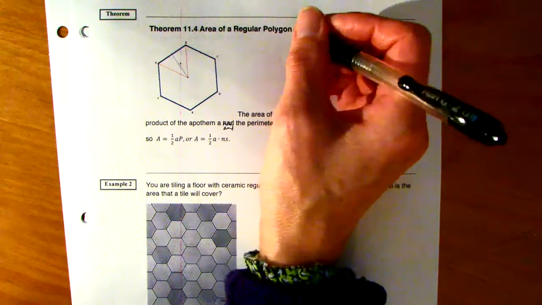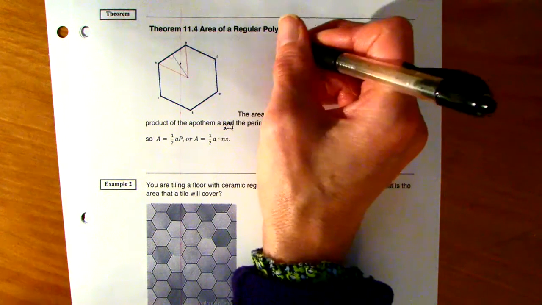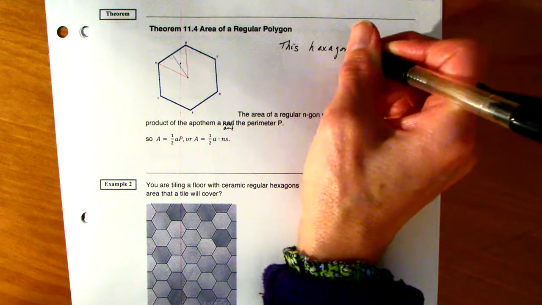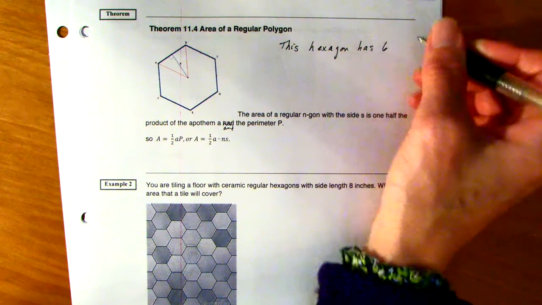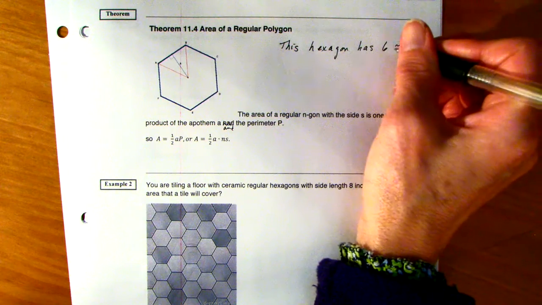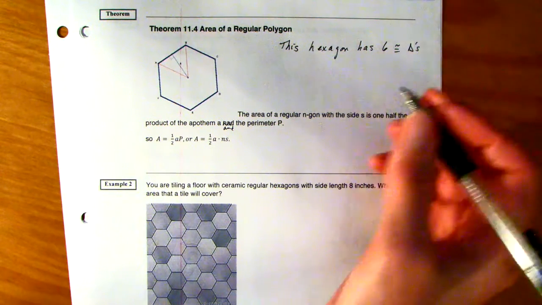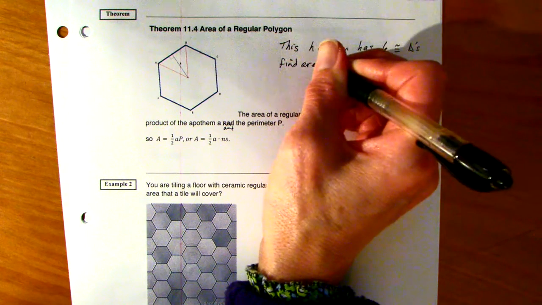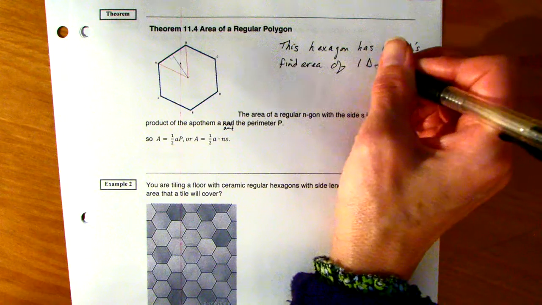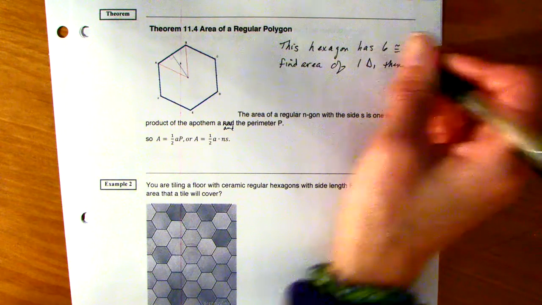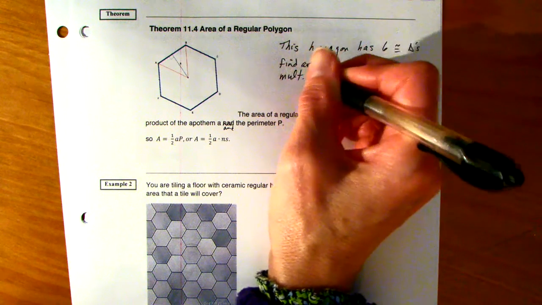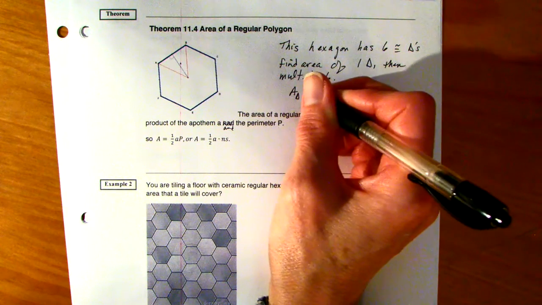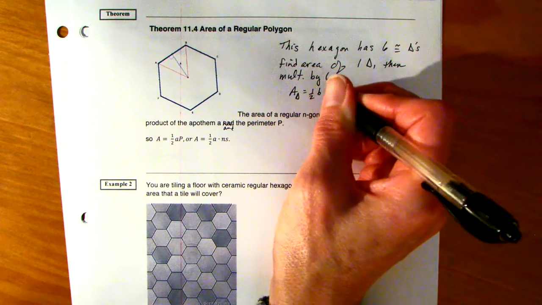Okay, let's see here. So for instance, this hexagon has 6 equal triangles. I'll just put congruent triangles. All right, find the area of one triangle. Then multiply by 6. So we know area of a triangle is 1/2 base times height.